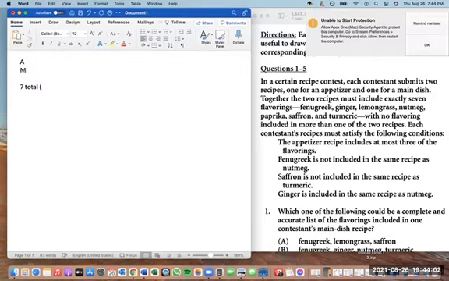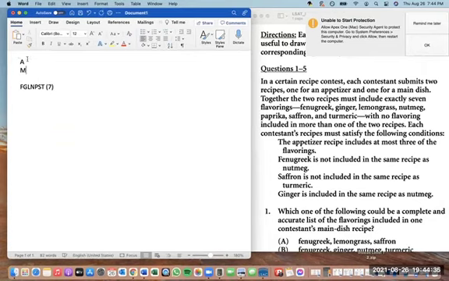So we're really just splitting up these flavorings between the two recipes. Okay, so 7 total, F, G, L, and those are my 7. So usually I would write that out like that. I just did it backwards. There we go. All right.